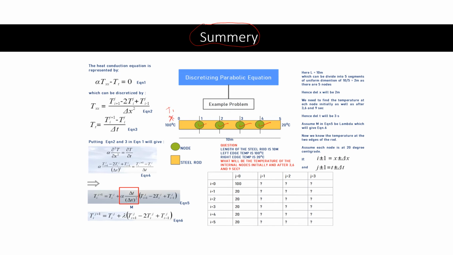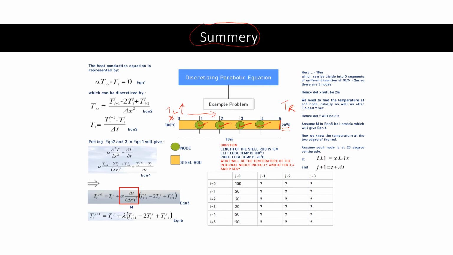This is your T left, and the temperature will increase in this part and slowly move towards this part, and we know that at this edge, T right, the temperature is 20 degrees centigrade. So we want to know what is the temperature at the internal nodes.